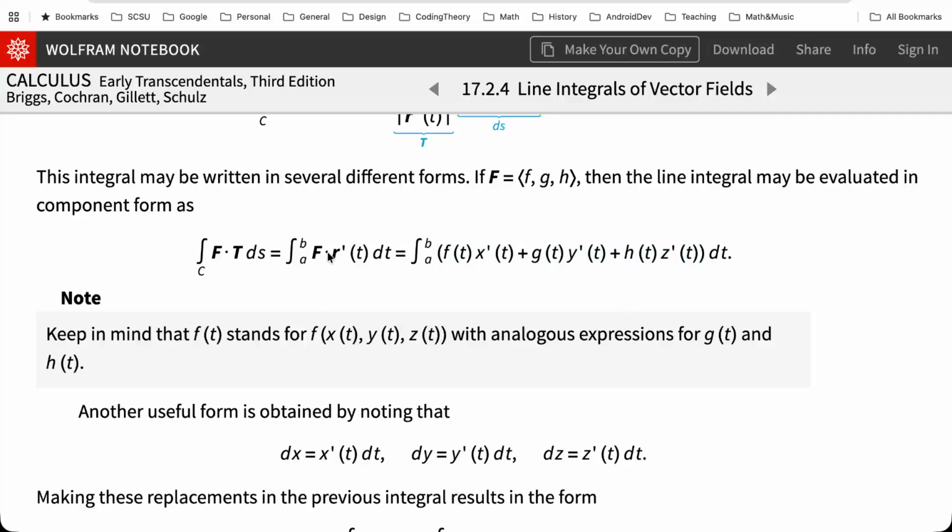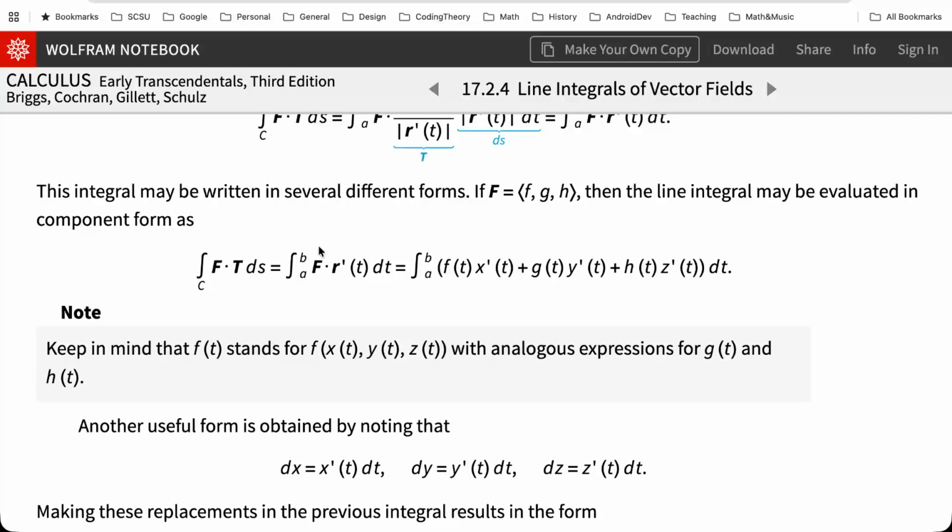Well, r's derivative is part of this. See the x prime, y prime, and z prime that are in there? Why are those multiplied by things? That's because F had coordinate functions.